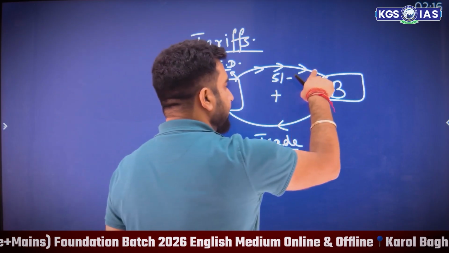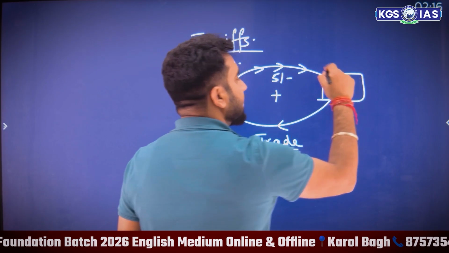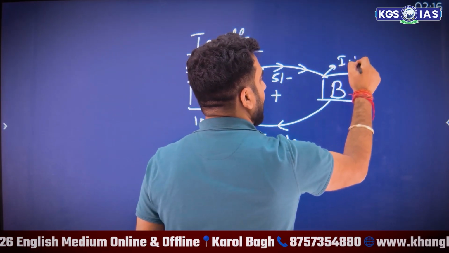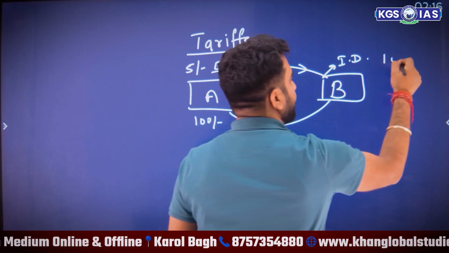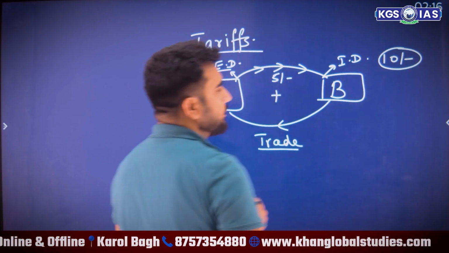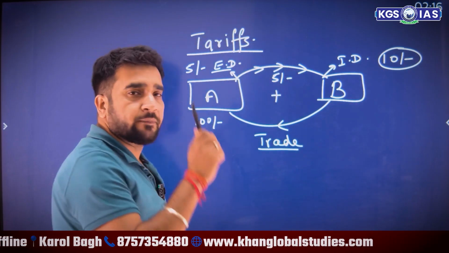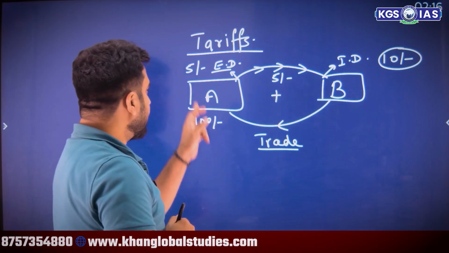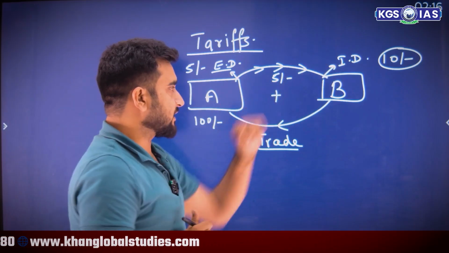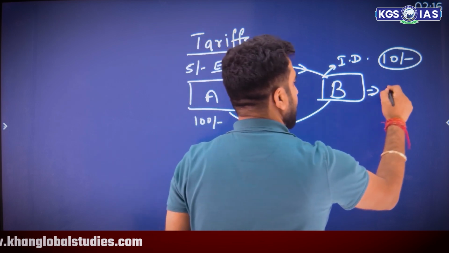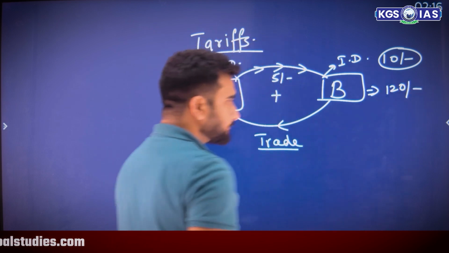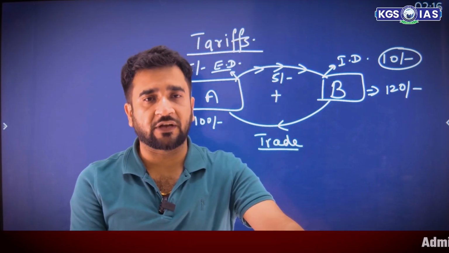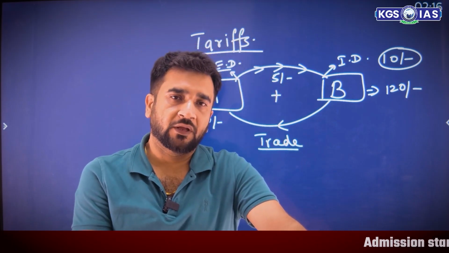And here, when the pen enters country B, the government of country B has the authority to levy import duty on this pen. So let's suppose import duty levied on this pen is 10 rupees. Now what will be the cost of this pen when it enters the market of country B? 100 plus 5 plus 5 plus 10. This is going to be 120 rupees. Which increases the cost of this pen by 20 rupees in country B as compared to country A.